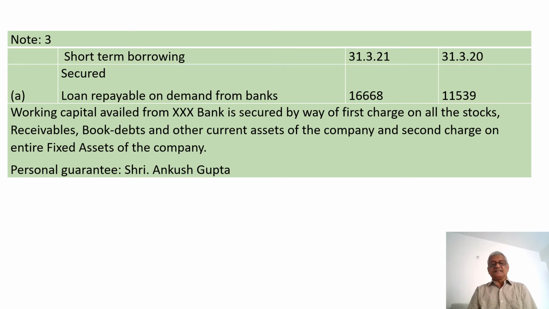And it is already mentioned that this advance is secured. And again, it is mentioned that the advance is guaranteed by Sri Ankush Gupta. So these are the details that need to be furnished as per Schedule 3 of the Companies Act 2013. In case there is any default in terms of principal or interest, that also needs to be added.